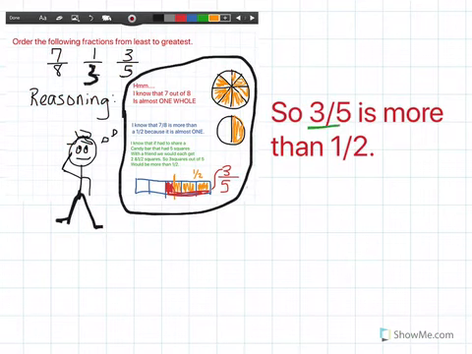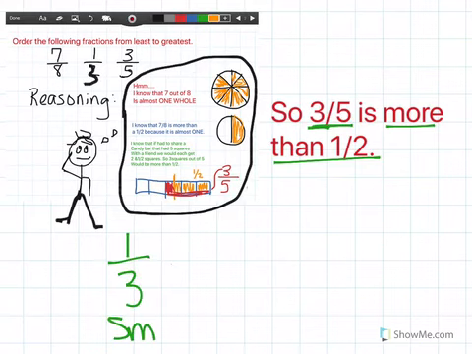So now that I know that 3 out of 5 is more than a half, I want to think to myself, okay, 1/3 is the smallest. And I know that 7/8 is almost 1 whole.